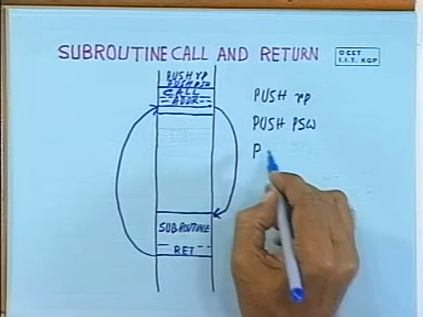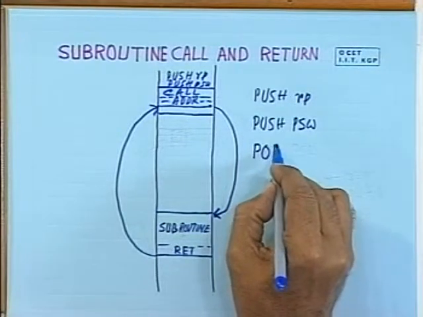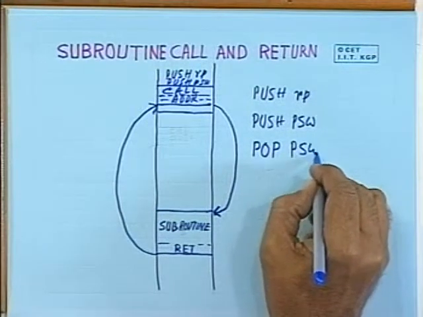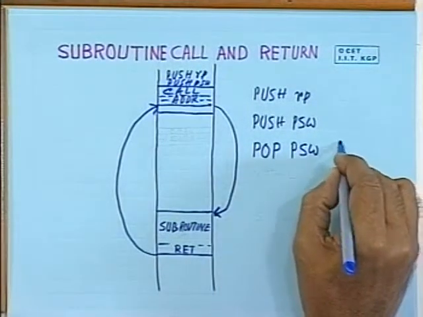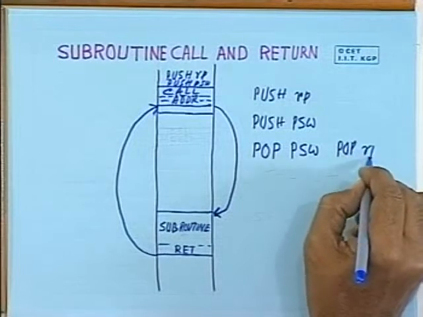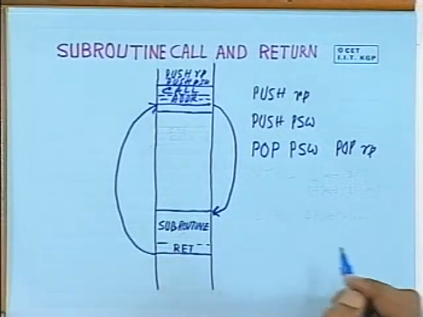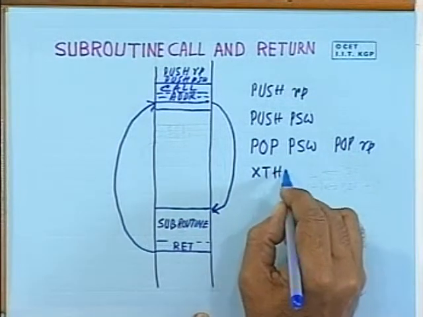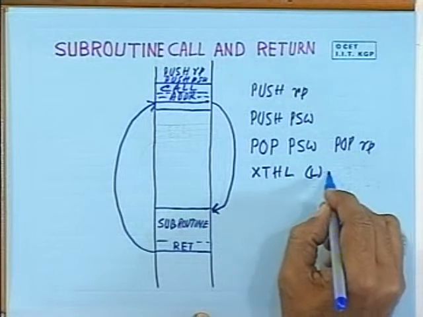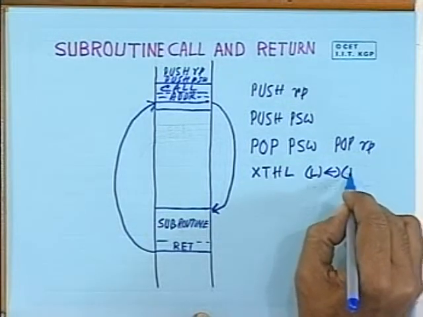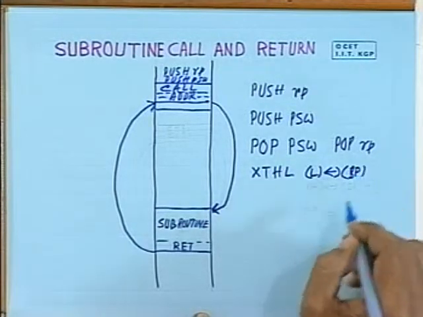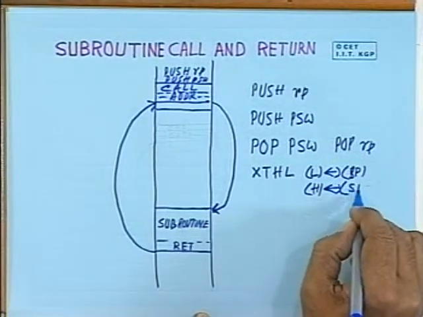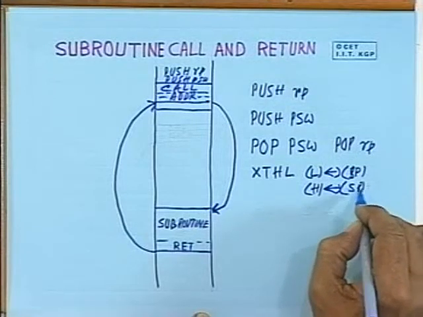You have complementary matching instructions like push PSW, pop PSW, or pop RP, register pair, and also you have some additional instructions like XTHL, which are sometimes useful in the context of stack and these subroutine calls, which exchange the contents of various registers.